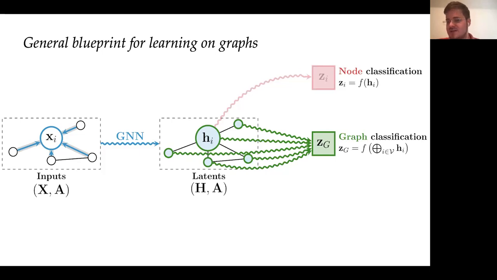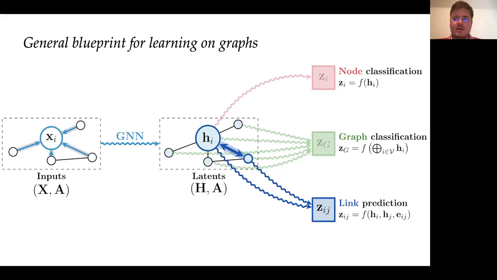There's one very interesting thing that comes up in graphs and doesn't come up in sets. And that is because now edges are an important part of our domain, we can also have prediction tasks over edges. So edge classification and edge regression are totally possible. And a very common instance actually predicts whether or not an edge should exist between these two nodes at all, which is a task known as link prediction.